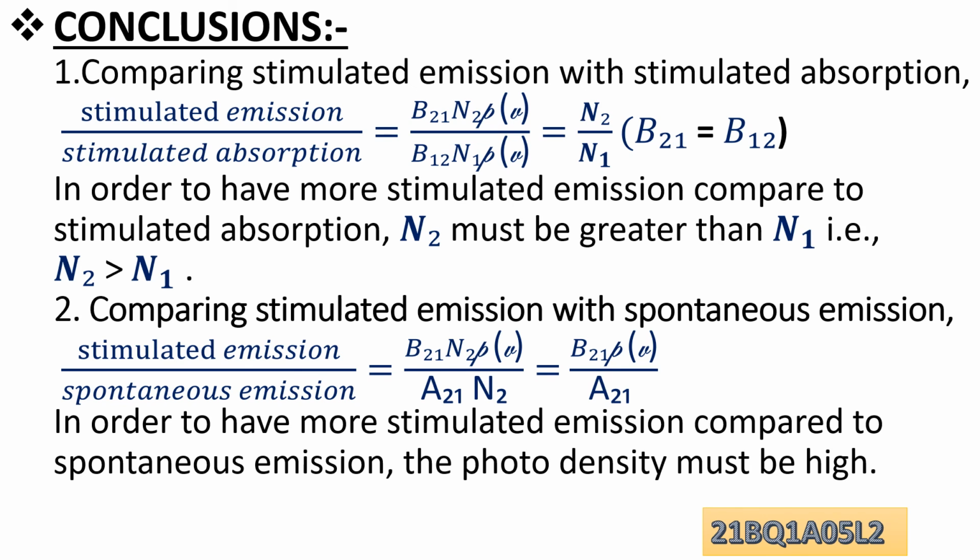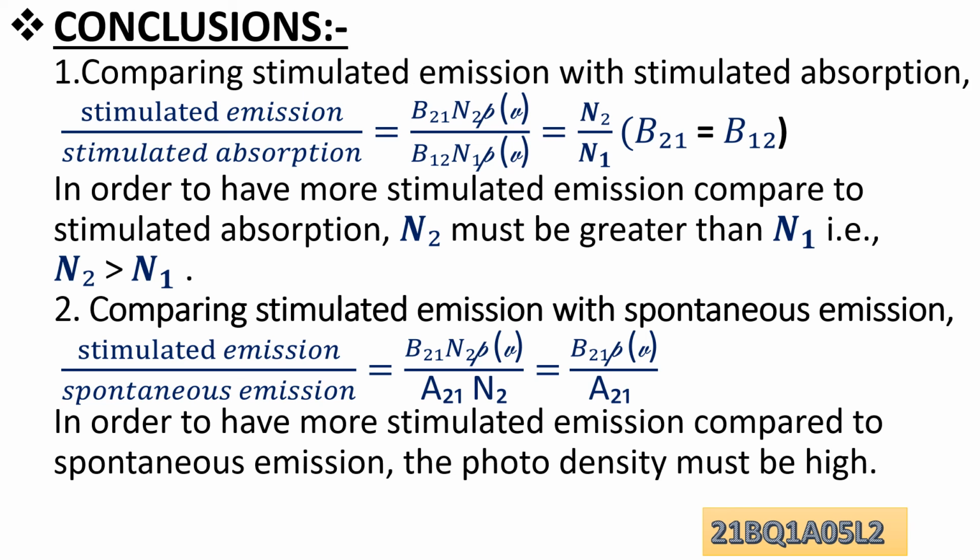So the ratio of stimulated emission to stimulated absorption is given by N2 by N1. In order to have more stimulated emission compared to stimulated absorption, N2 must be greater than N1.